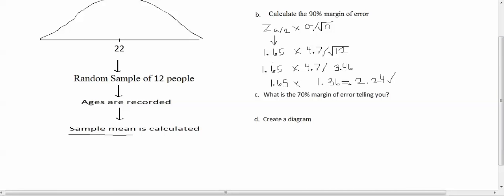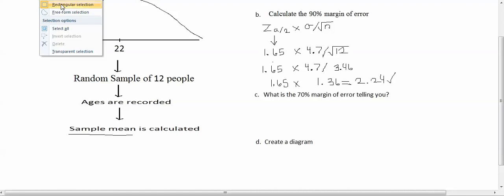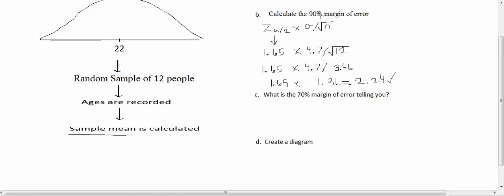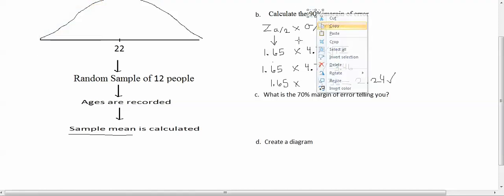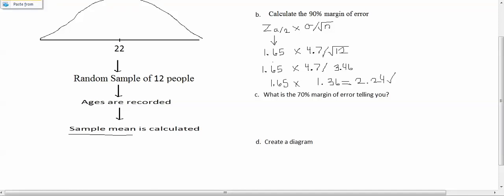Part C says, what is the margin of error telling us? This should actually say 90%, and you change it so it matches.